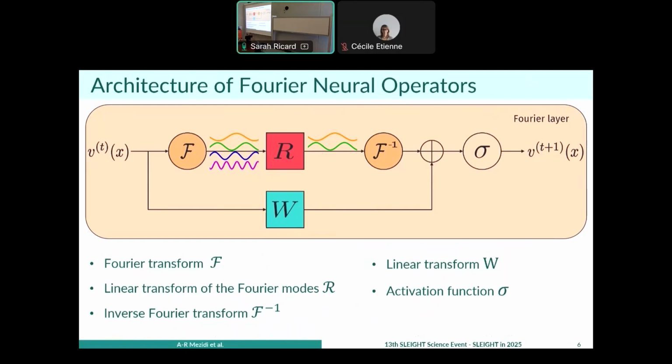An interesting thing to see is that here we are doing a linear transform in the Fourier space. So this whole branch can be considered as a convolution. So we apply a convolution on the whole image.